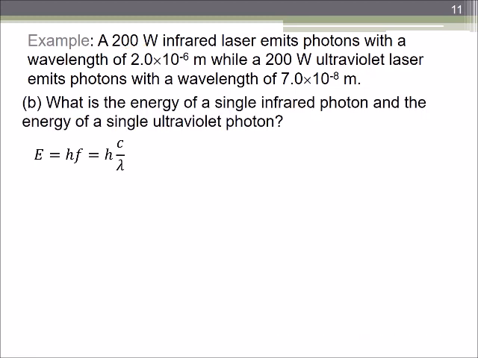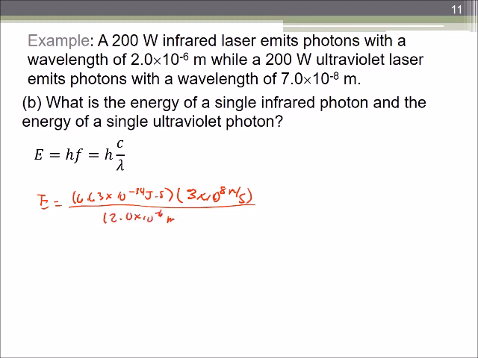Now the problem asks us to figure out what those actual energies are. We'll start out with the red. E is equal to h, 6.63 times 10 to the negative 34th joule seconds, times c, 3 times 10 to the 8th meters per second, divided by the wavelength, 2.0 times 10 to the negative 6 meters.